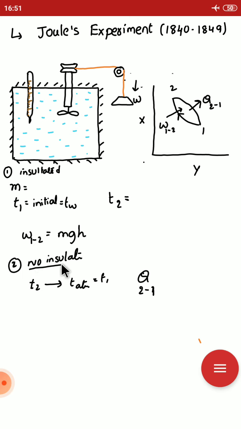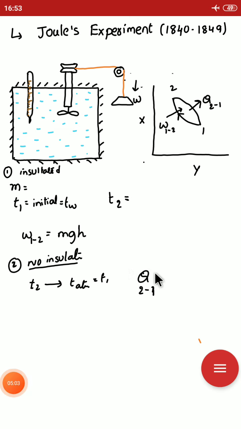If we remove the insulation, he noticed the work done here.